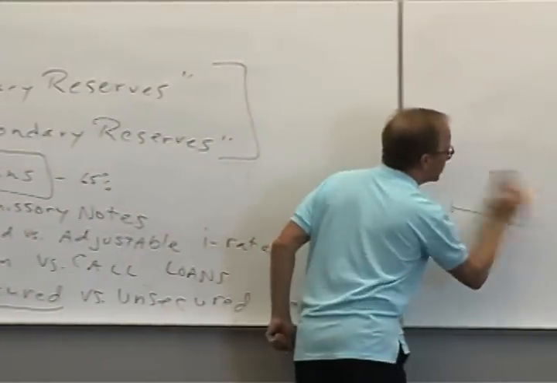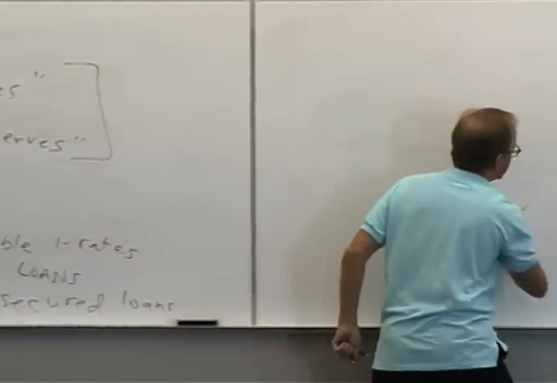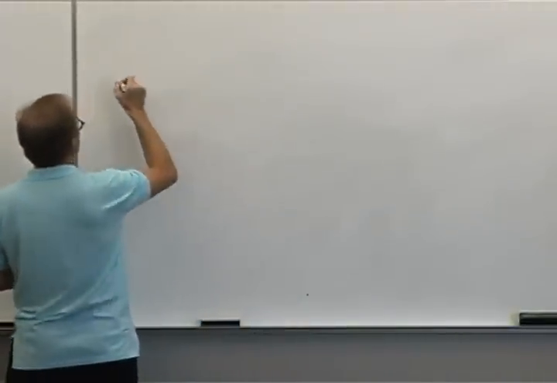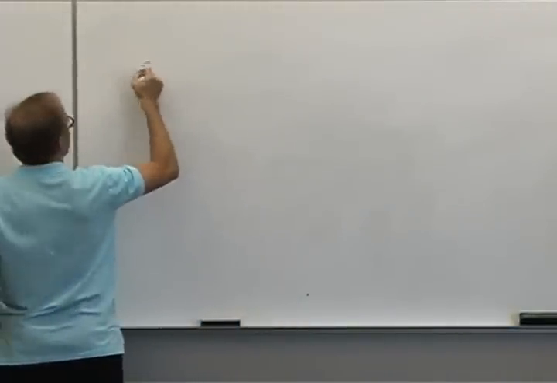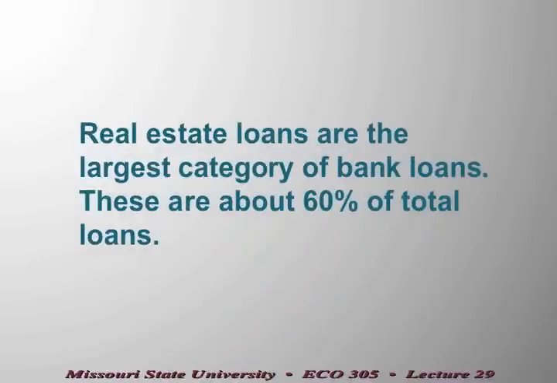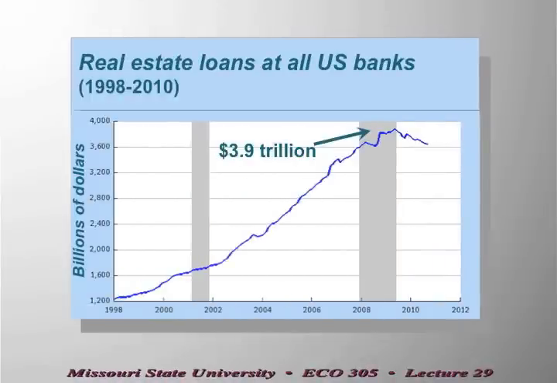Let's talk about a few different types of loans. We're still talking about banks, remember. The number one loan at banks, I'll say A, real estate loans. By the way, sometimes the term used is mortgage. Mortgage loans, real estate loans.